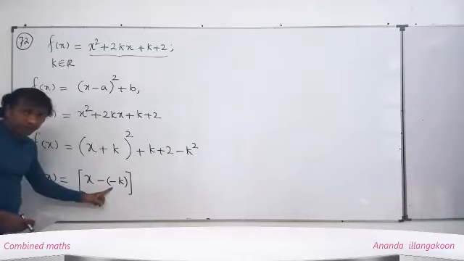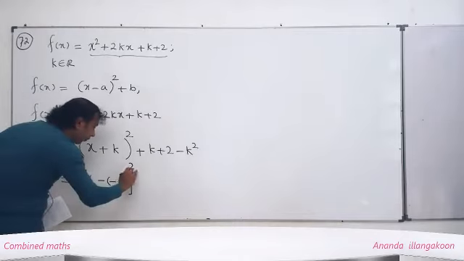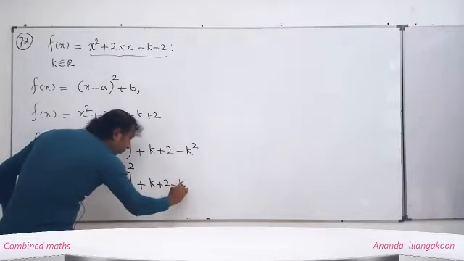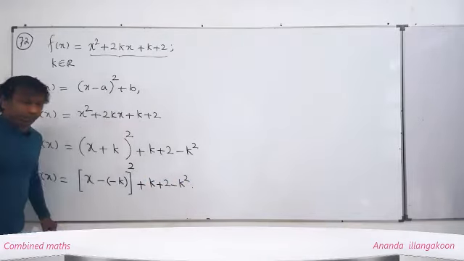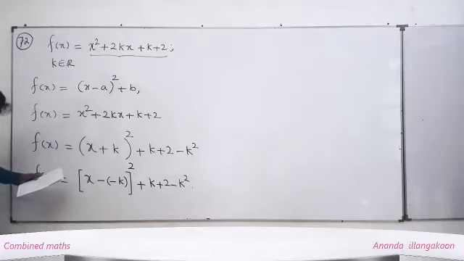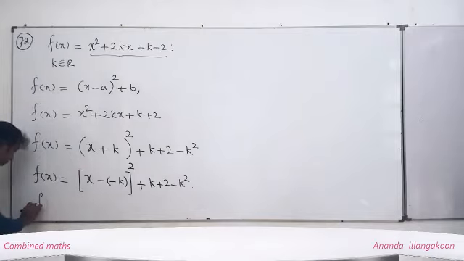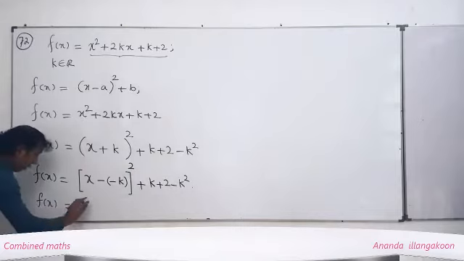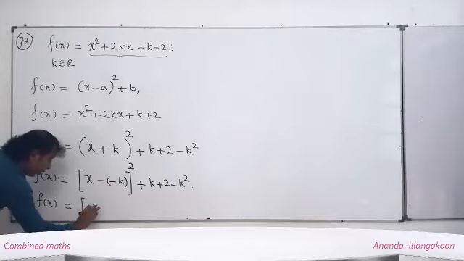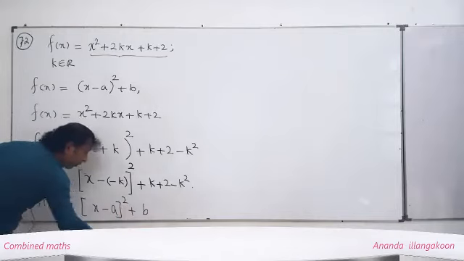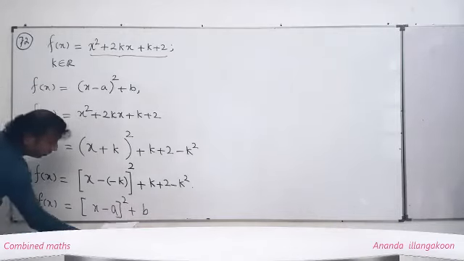Then plus k plus 2 minus k squared. Right, we get like this. Now we are asked to write this f(x) in this form. Now I am going to write below this the form asked: (x minus a) perfect squared plus b. This is the form we need finally.